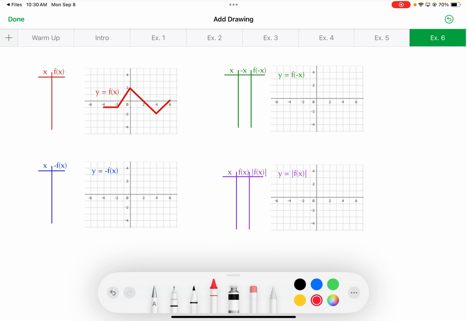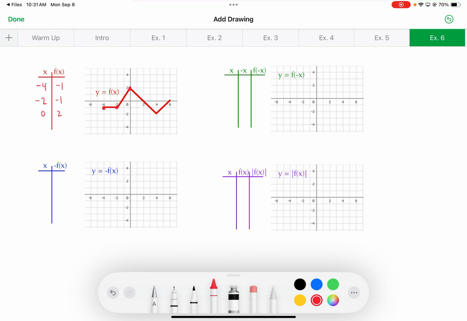All right, so I have f of x already graphed here for us in red. Let's list out some of the critical points on that graph. So we've got, looks like, (-4, -1), (-2, -1), (0, 2) up here.